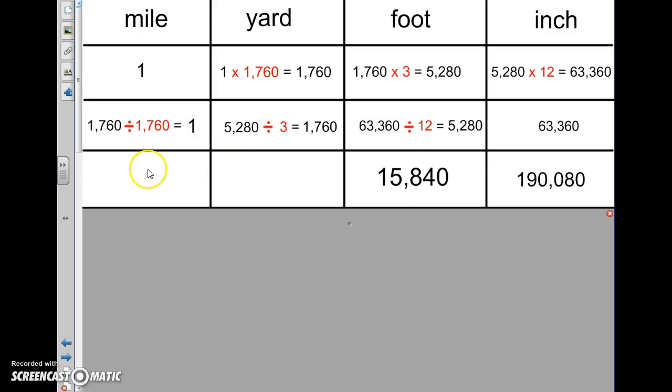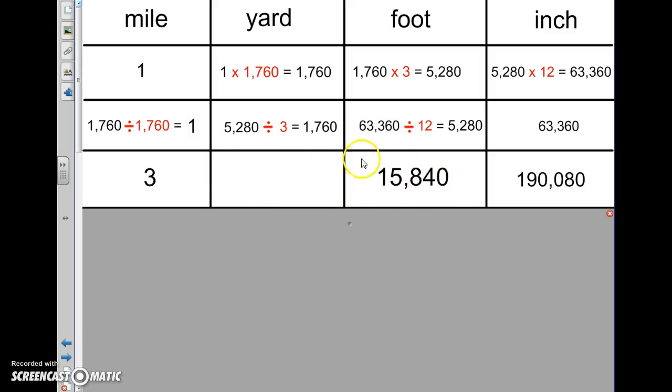If we do that, we get an answer of 3. So that was the second part that Coral needed to figure out: how many miles there are in 190,080 inches.